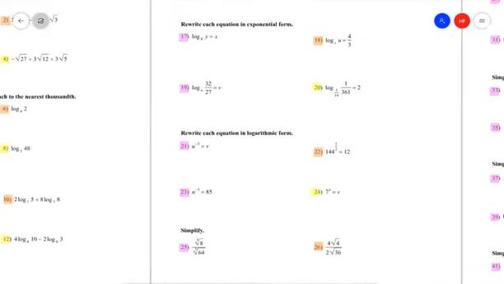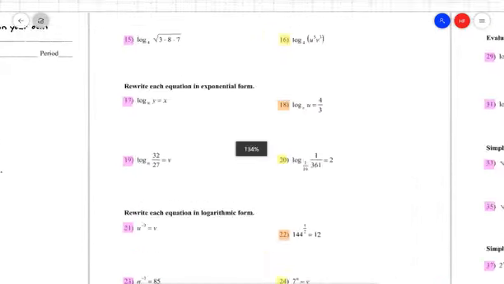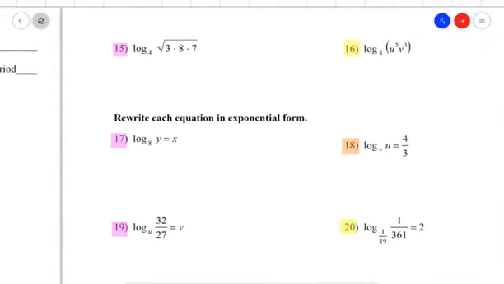14 will be on video number 2, and then I'll be doing 15. So on number 15, we've got log base 4 of the square root of 3 times 8 times 7. So remember that the square root is the power of 1/2. And our powers come down to be coefficients. So we've got 1/2 log base 4 of 3 times 8 times 7.